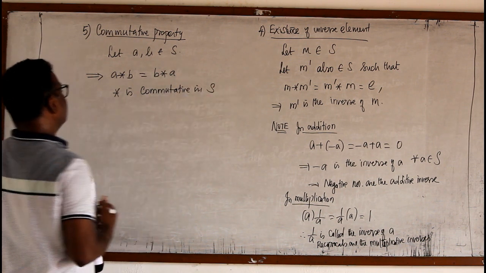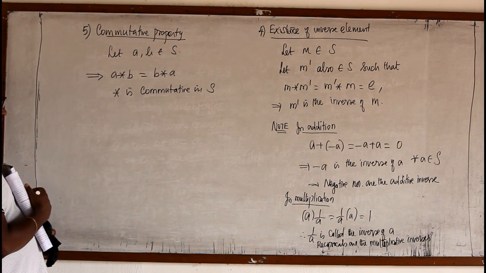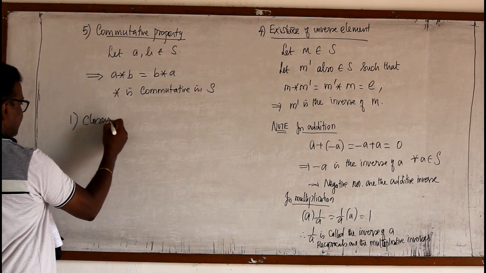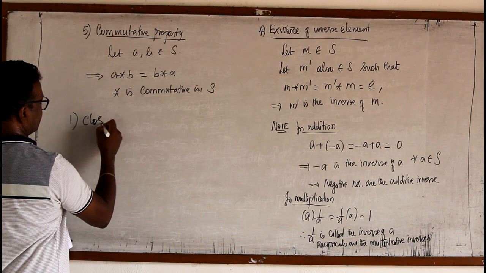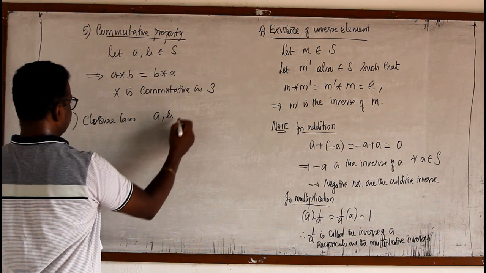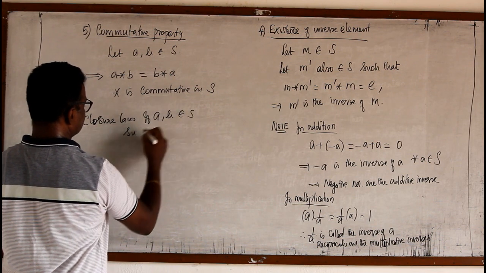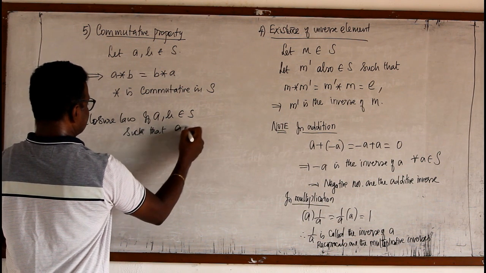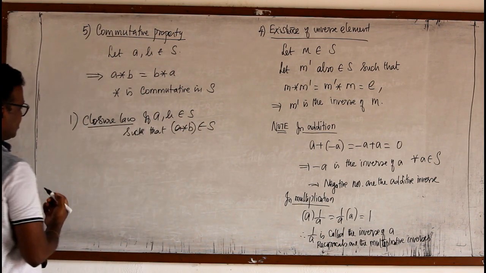These are the operations we have on sets. The first is the closure law. If I take any two elements A, B belonging to S such that A star B also belongs to S, then we say S is closed.